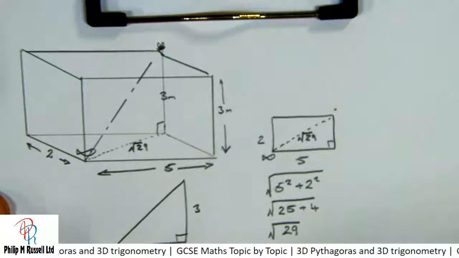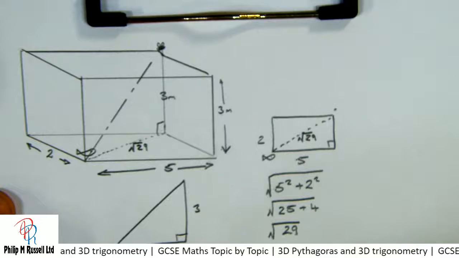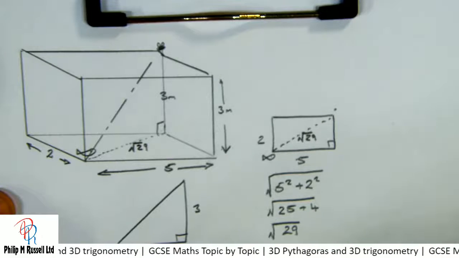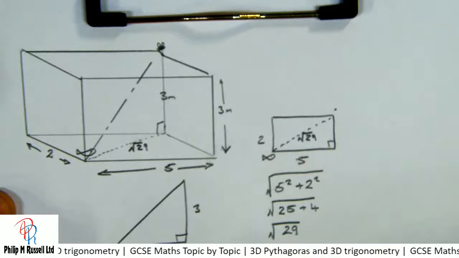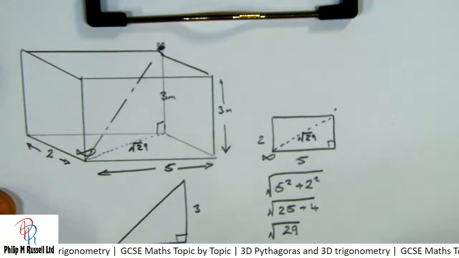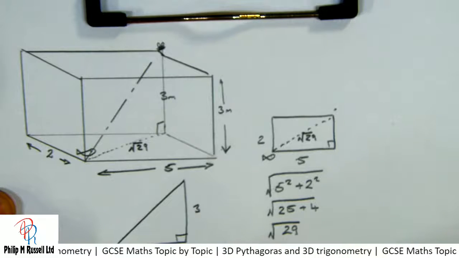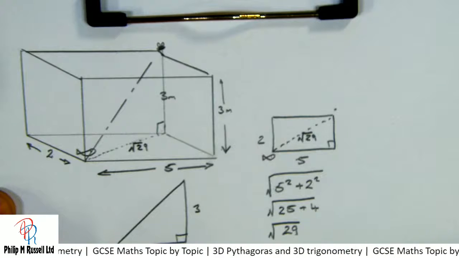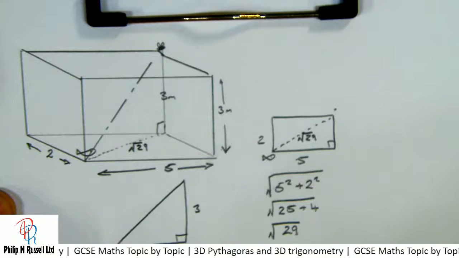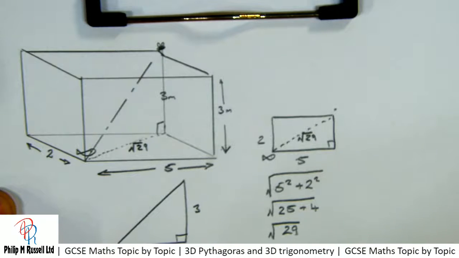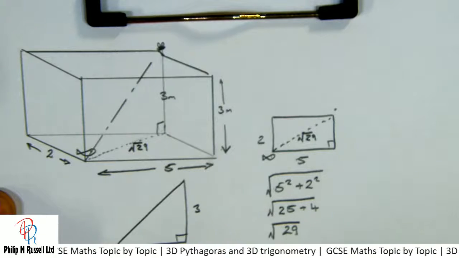So if we work out what I've got to work out in the end, the square root of 29 all squared plus 3 squared. Well, the square root of 29 squared is 29. Plus 3 squared, which is 9.